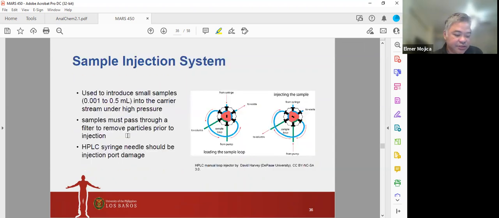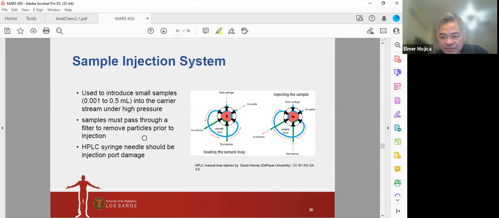So in terms of the sample injection system, we usually use small samples from 0.001 to 0.5 ml into the carrier stream under high pressure. The sample must pass through a filter to remove particles prior to injection. The way we look at this, we have the so-called guard column.